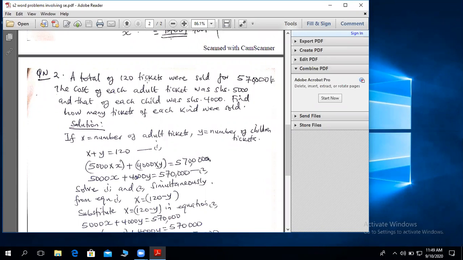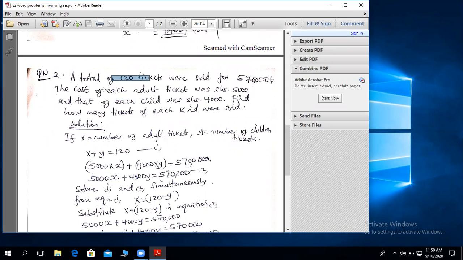So you don't know the number of tickets of adult that were sold, and you don't know the number of tickets of child that were sold. But you have one thing that you know, that the total number of tickets that are sold are 120.